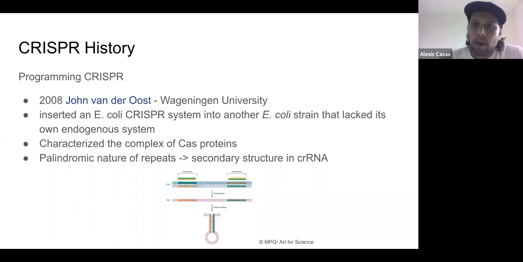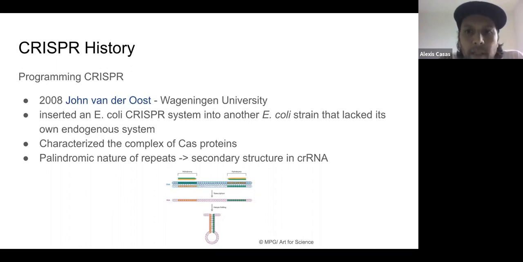So a few years later, the scientist John van der Oost from Wageningen University worked on actually programming the CRISPR. So what he did was inserting an E. coli CRISPR system into another E. coli strain that lacked its own endogenous system. And this allowed him to biochemically characterize a complex of 5 Cas proteins termed Cascade.